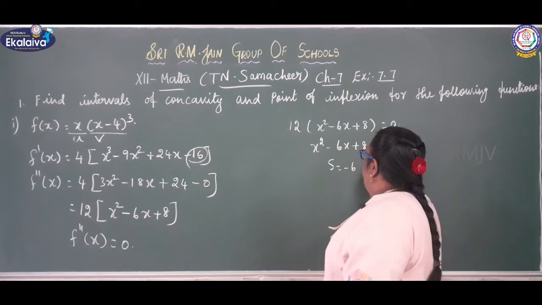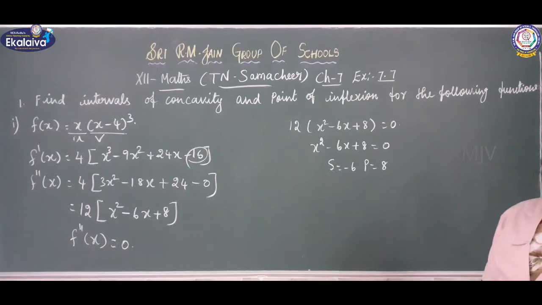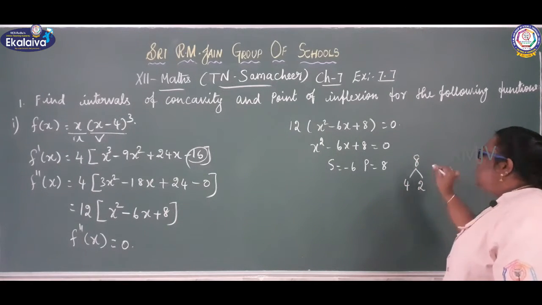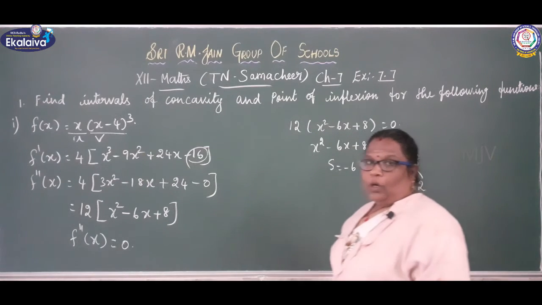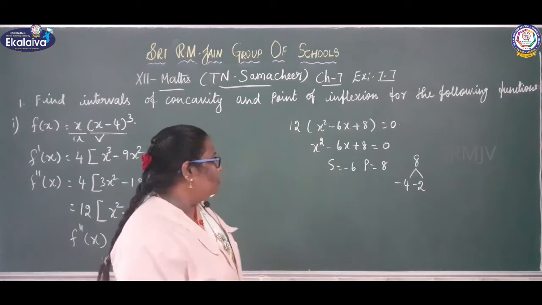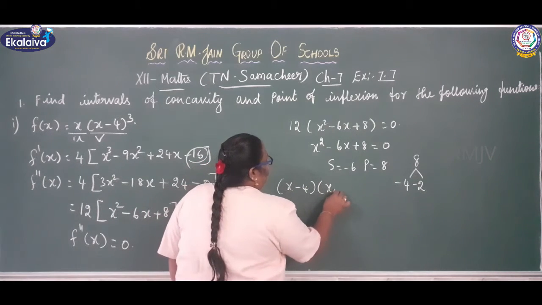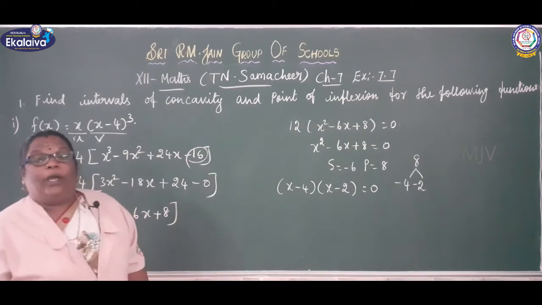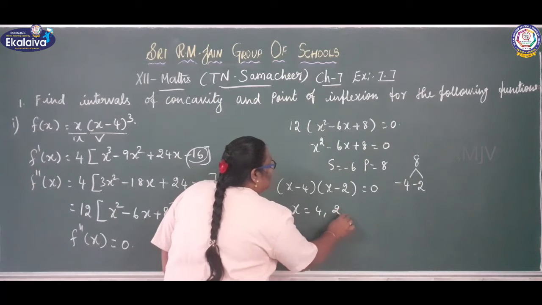Sum equal to minus 6, product equal to 8. 4 2s are 8. Minus 4, minus 2. So (x minus 4) into (x minus 2) equal to 0. So x takes the values x equal to 4, 2.